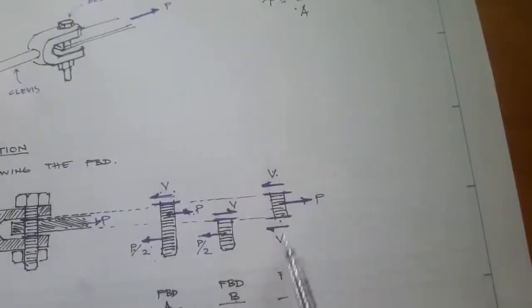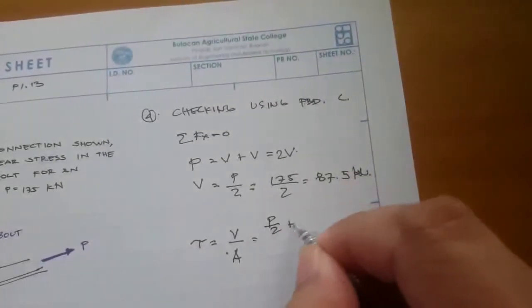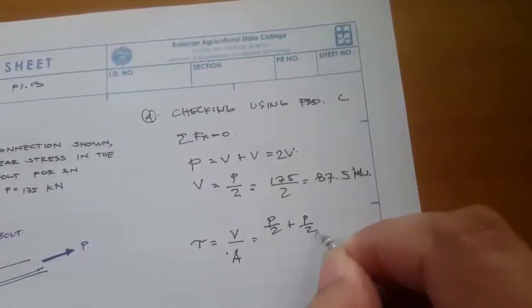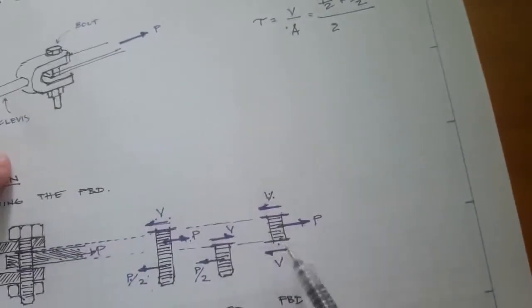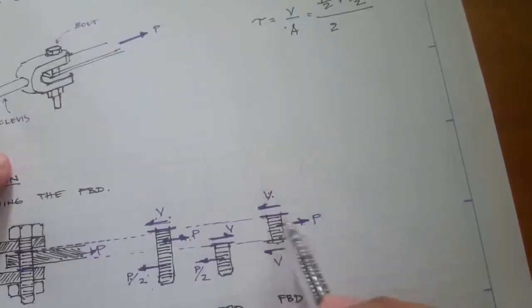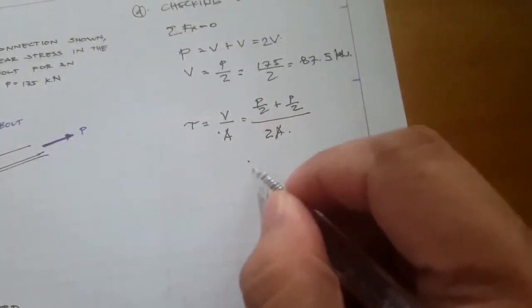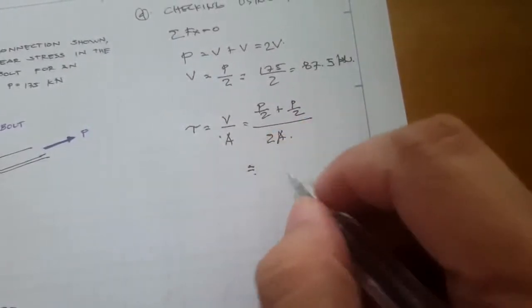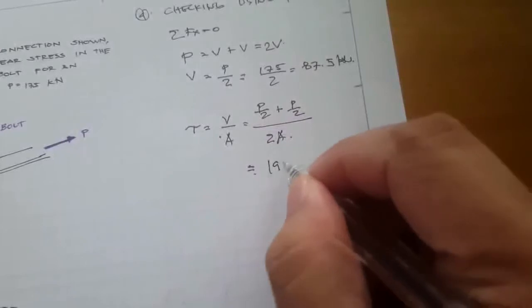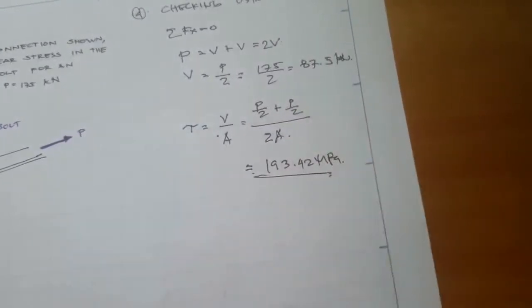We have 2 values of P over 2, so it's P over 2 plus P over 2 divided by 2 times the area, because we have an area right here and another area. It will again turn out that they have the same value. So here, 193.42 megapascals.